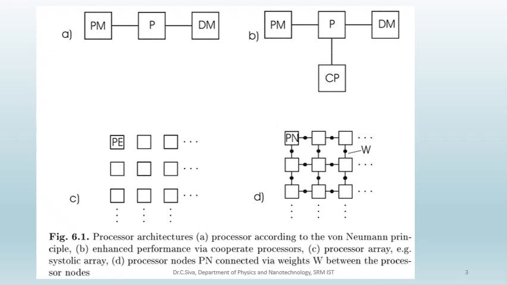In the top two diagrams, you can see the von Neumann model, where program memory and data memory are separated. On the right side, B, we go for multiprocessor systems.